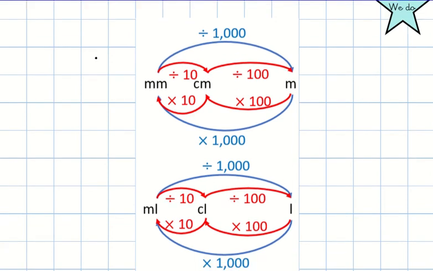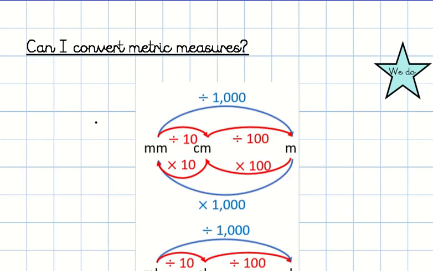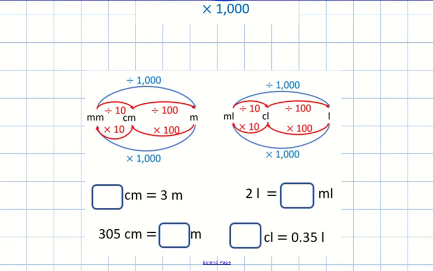If we're then trying to work it out, how many centimetres are there in 3 metres? Well, I know that to get from 3 metres to centimetres, I need to times by 100. So I need to do 3 times 100, and 3 times 100 is 300. And I think we already knew that, didn't we?